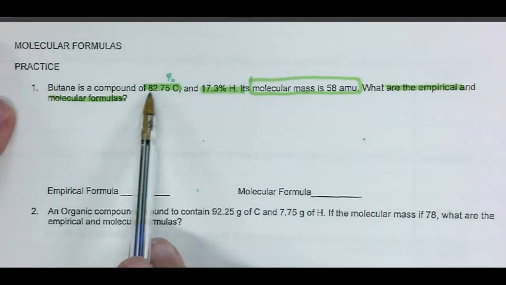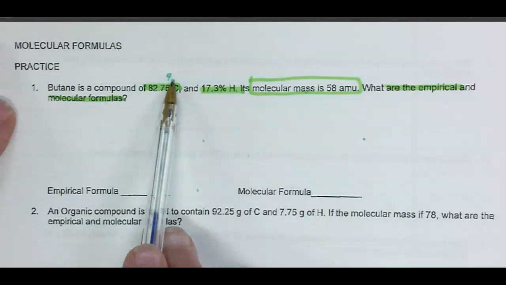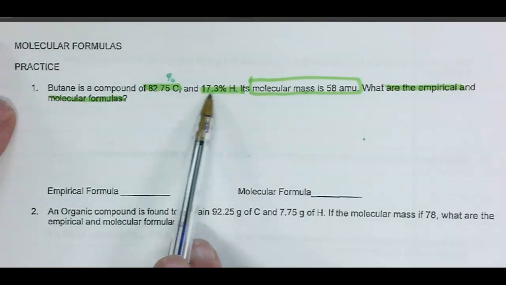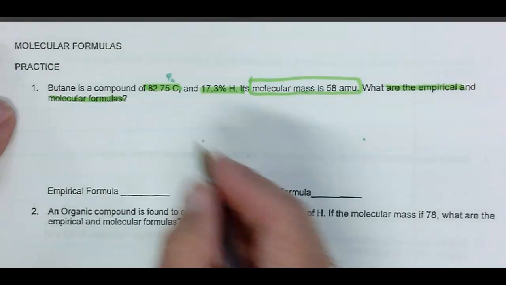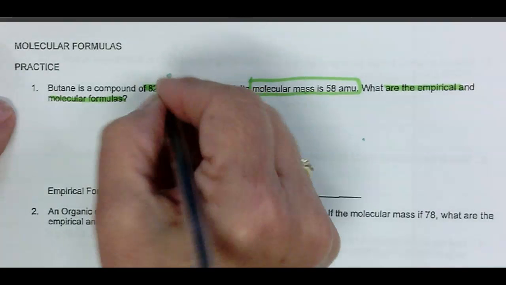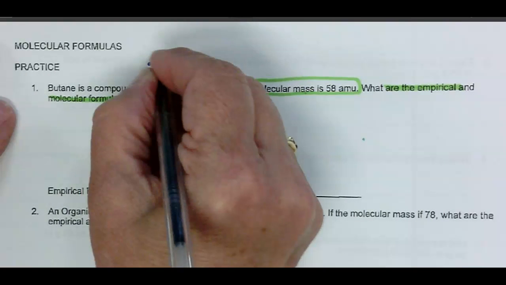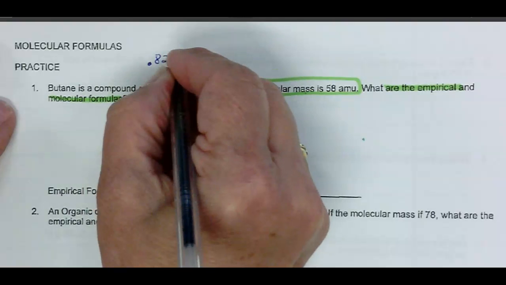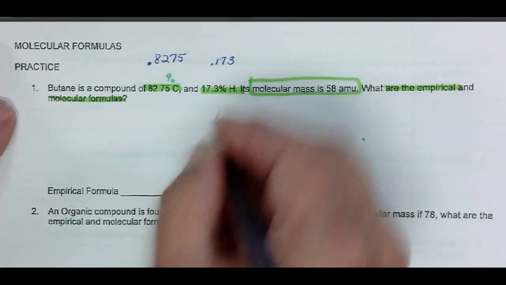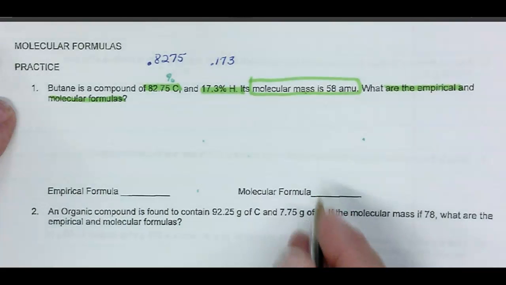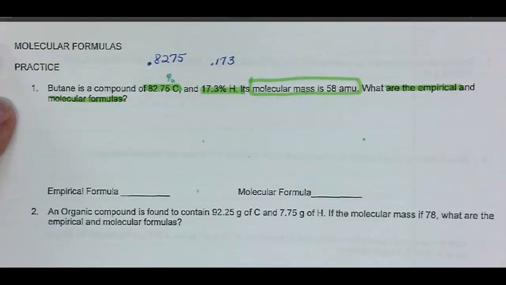Now this here is 82.75%. It left off the percent sign, carbon, 17.3% hydrogen. And we talked about two things, guys, that you could either change the percent to a decimal, okay, or you could just drop off the percent sign. For these problems, it's not going to matter.